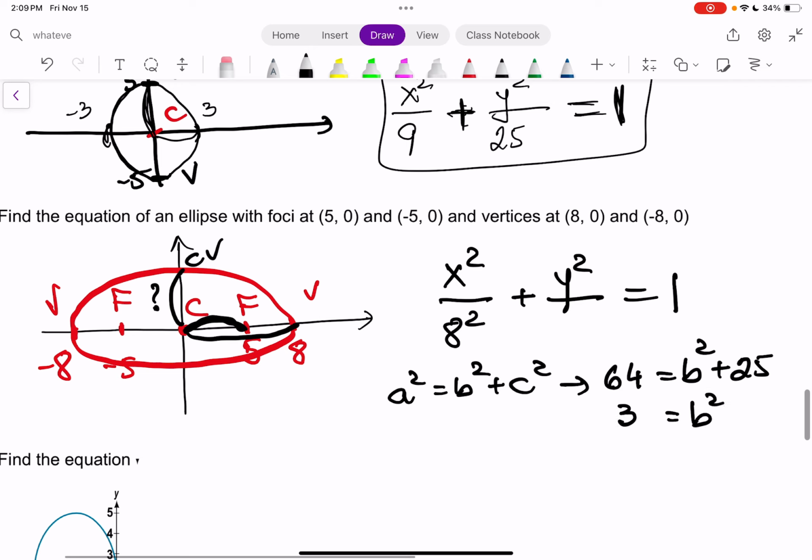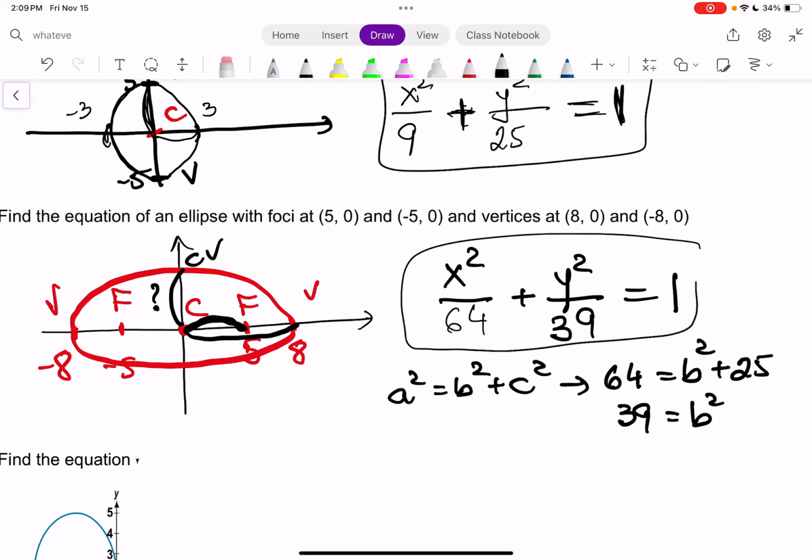So b squared, I believe, is 39. Yeah. So that's what goes right here. And 8 squared is 64. So you have x squared over a squared plus y squared over b squared equals 1.